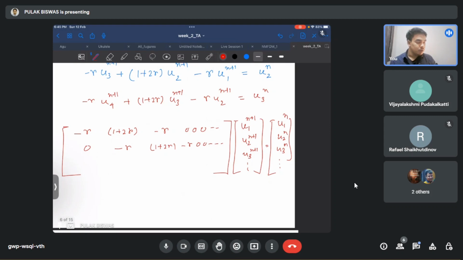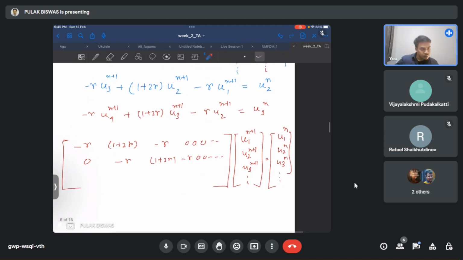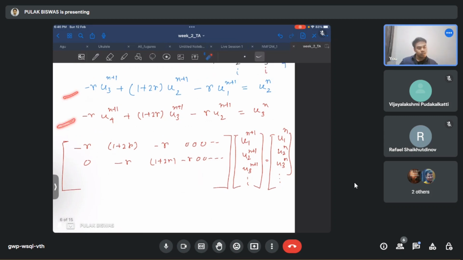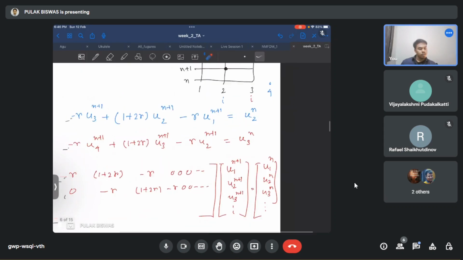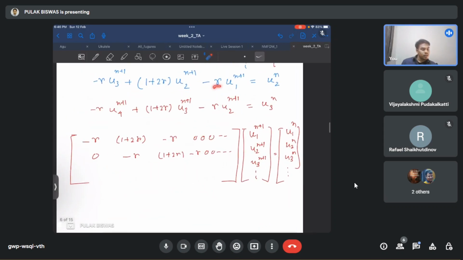And this matrix is now known to you. If you see these equations, you can see minus r into this one, minus r into this one, and again minus r into this one. So this type of matrix will be coming, and this will be your unknown vector.